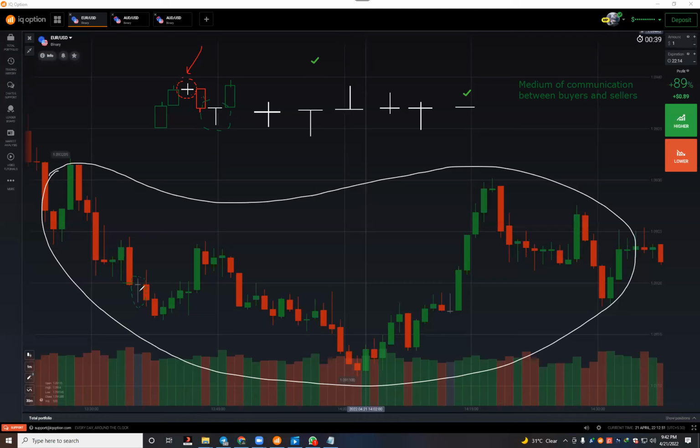So they created the doji, and after that the sellers took control, right? See here, is there any support? No support. After this seller candle, who needs to continue? Sellers. What did they say? We don't have supply, we don't want to continue, go with the buyers, you can continue. After that, you can see the movement of the buyers.